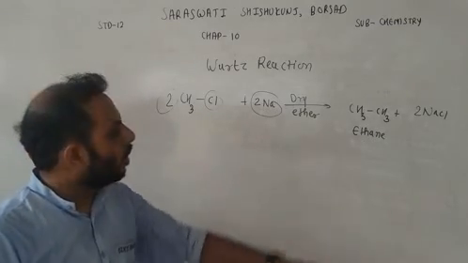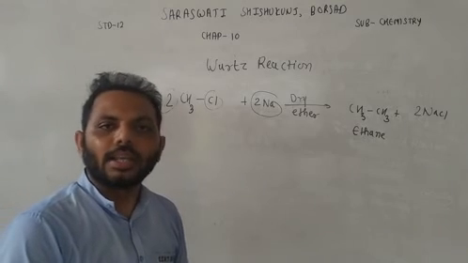So in Wurtz reaction and in Grignard reaction, the final product is alkane. Okay.